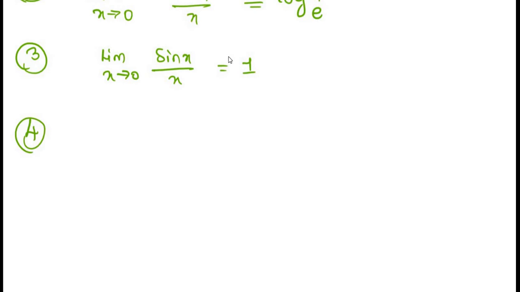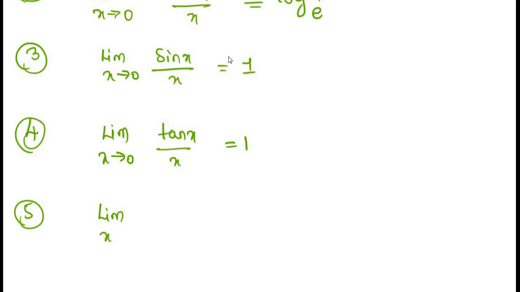Fourth property: limit x tends to 0, tan x by x, is also equal to 1. Fifth property: limit x tends to 0, tan inverse x by x, is also equal to 1.